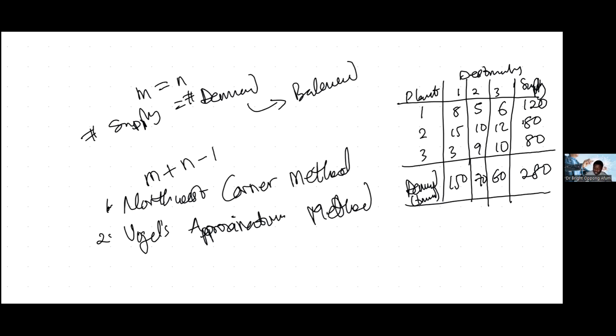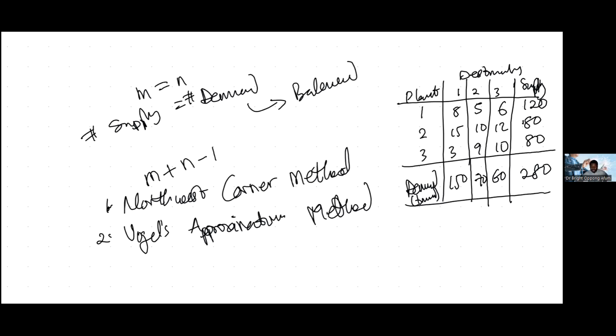Or you assess the column to see if the demand is satisfied, then you eliminate the column. If not, your next allocation will be the adjacent cell in the row or the column that has not been eliminated.